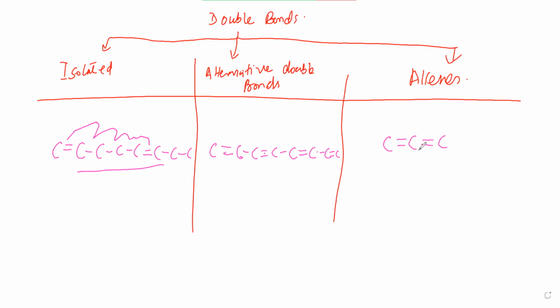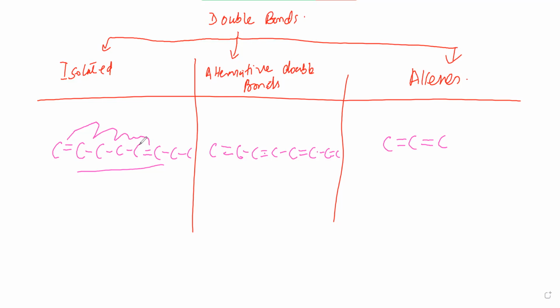So consecutive double bonds are called allenes. And when double bonds are present in an alternate fashion, it is called alternative double bonds. But when the double bonds are far away from each other, it is called isolated double bond. Is this point clear? Yes, sir.